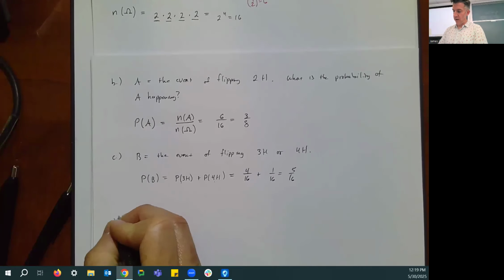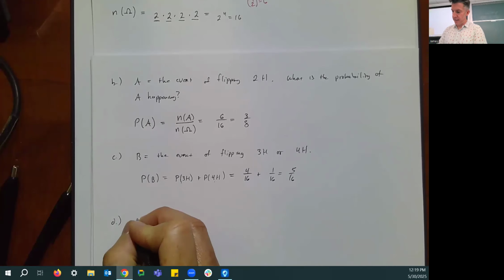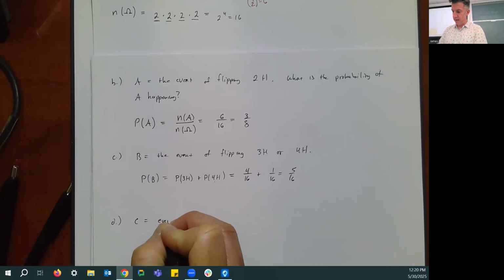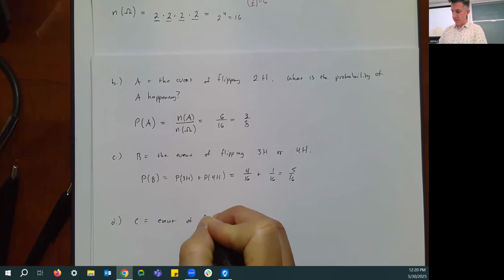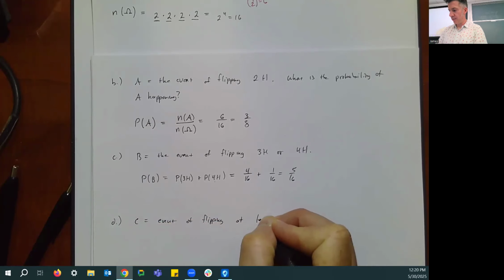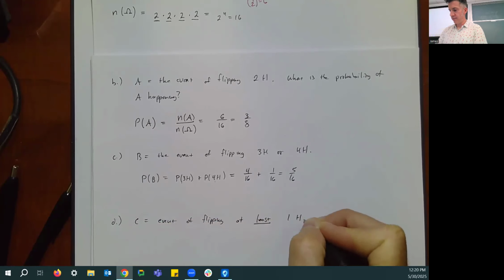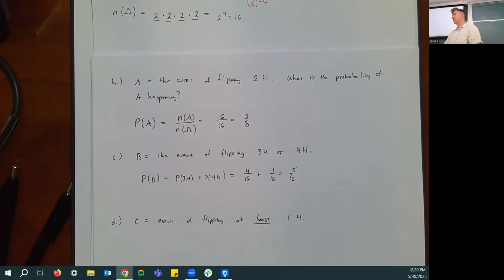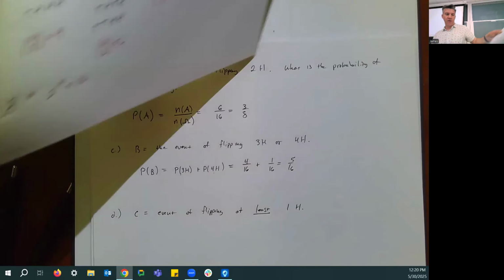Okay, let's look at another thing here. Let's say that C is the event of flipping at least 1 head. And we've talked a little bit about this idea before, but we're going to say it again.